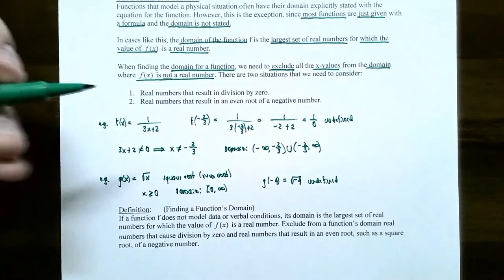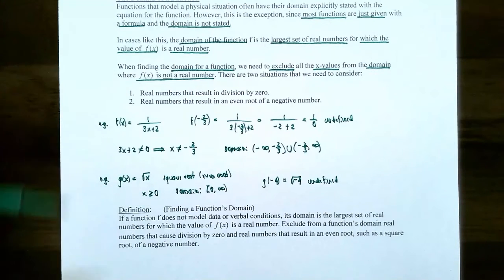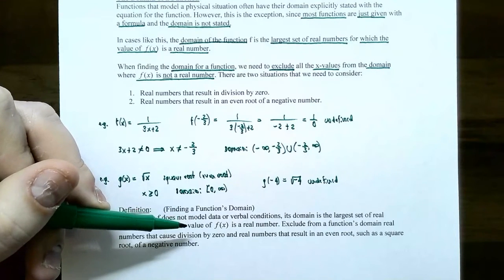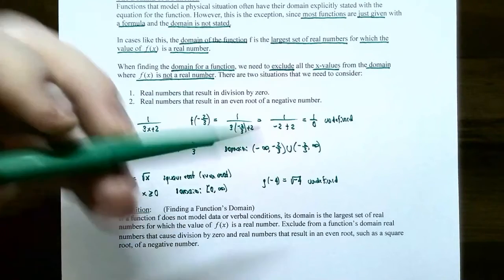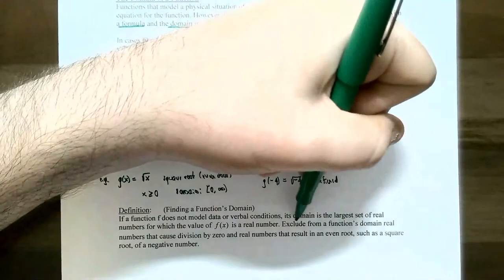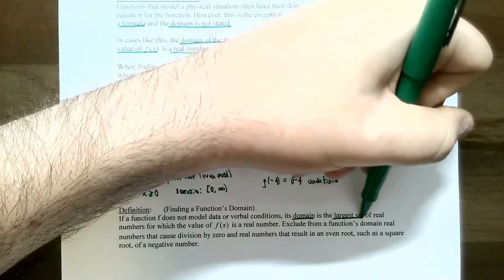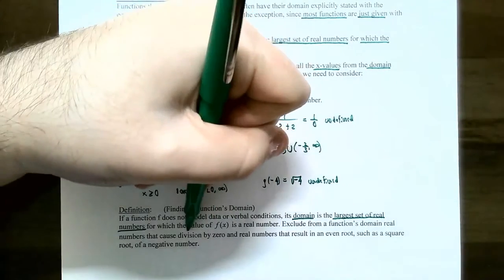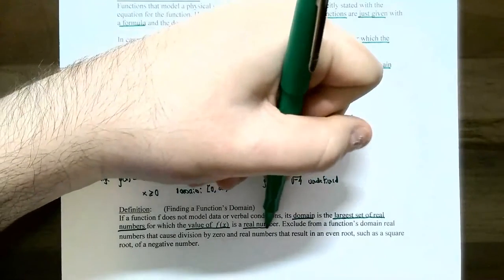Okay, so the definition for finding a function's domain. If a function f does not model data or a verbal description, the domain is assumed to be the largest set of real numbers where the y value, f of x, is a real number.